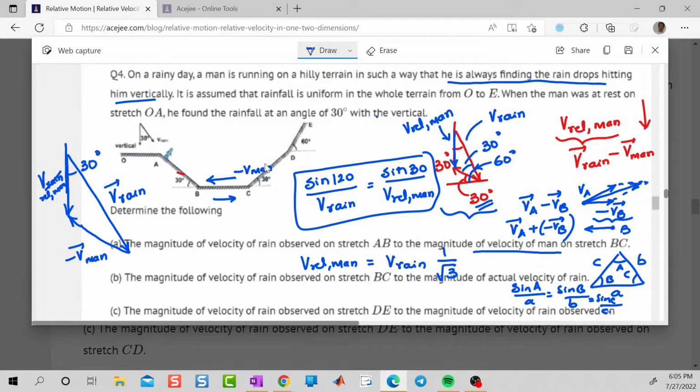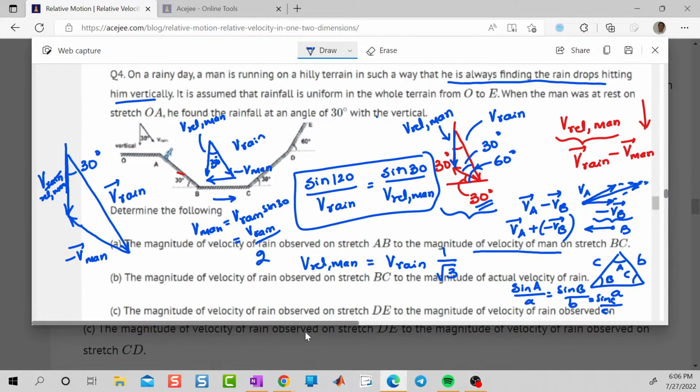Okay, and this is V rain. We know the sum of these two should be vertical. So V relative with respect to man. This angle is 30. If this is 30, then V man, magnitude wise, will be V rain sine 30. That is V rain by 2.